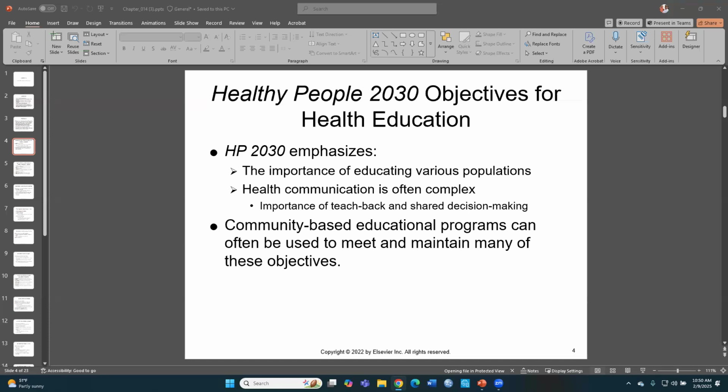So the goal of an education program is to teach what people think they want to learn and in ways that facilitate their learning. And so we have to have the learners participating and identifying their learning needs. Then the education programs are designed to meet those needs in a variety of different ways.